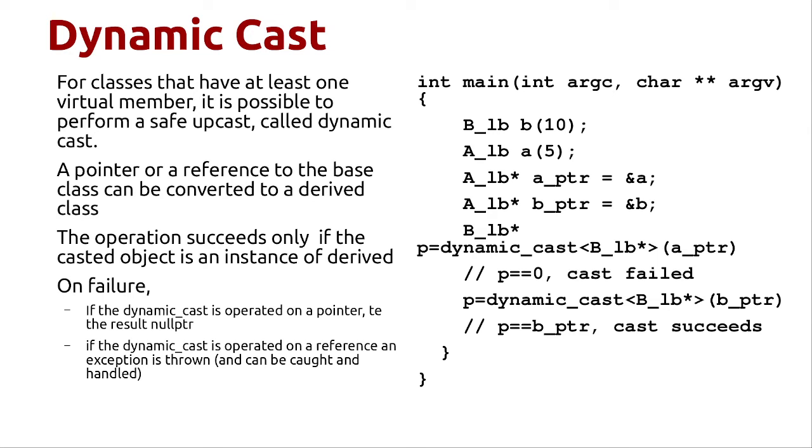And it checks, hey, is the address of the virtual method table of this instance equal to the address of the virtual method table of this other instance? And if it is the same, then the two items are the same type. So in this case, what you expect to happen is that the dynamic cast will fail, because A pointer is truly a pointer of class A, and B is a derived class, so the cast cannot succeed.